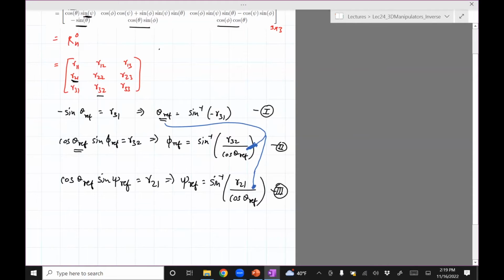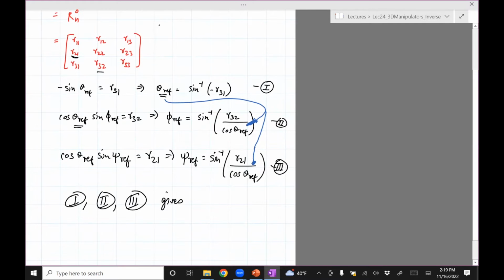And so from 1 to 3, we can compute theta, sorry, phi ref, theta ref, and psi ref. Okay, so once we have those, we can then use what we've done before, which is fsolve.